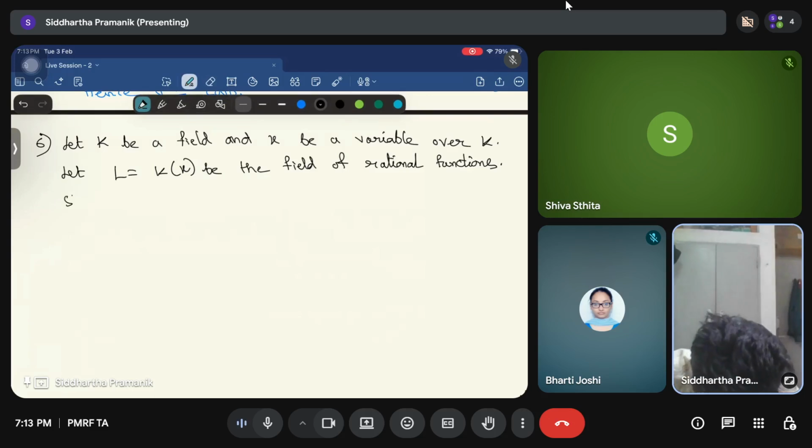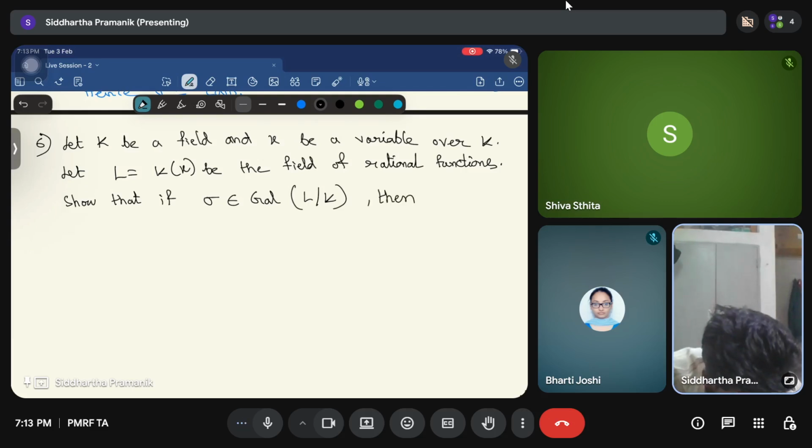Then show that if sigma belongs to the Galois group of L over K, then sigma of X has to be some (AX plus B) by (CX plus D), where A and C are non-zero.